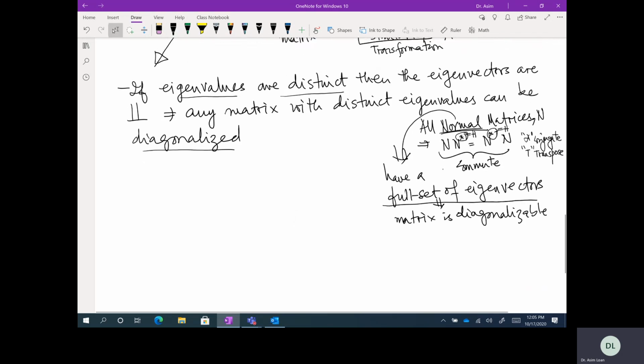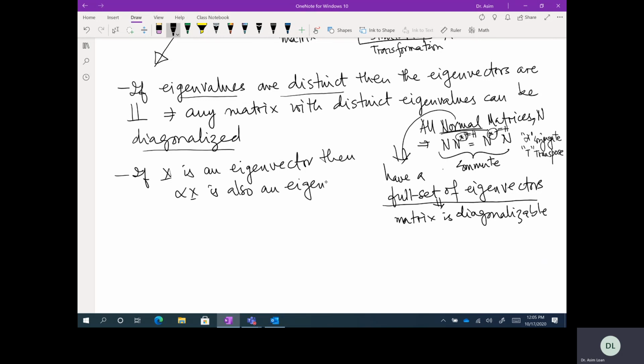Okay, and as I said before, the eigenvectors are not unique. If X is an eigenvector, then alpha X is also an eigenvector. So obviously this S matrix is not unique.